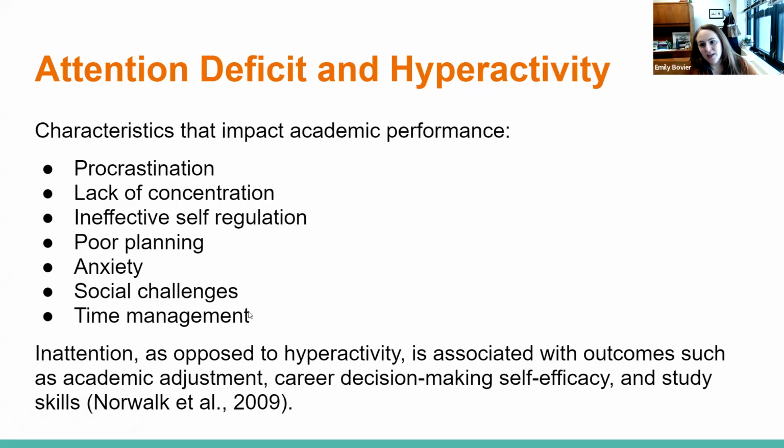So when we adopt inclusive practices and universal design for learning, not only are we supporting students who are neurodiverse, but again, this is a continuum and there's individual differences. And so you may have many students who are not neurodiverse who lack concentration or have ineffective self-regulation. So the idea here is to think about our practices and how we can target some of these characteristics that might impact academic performance.